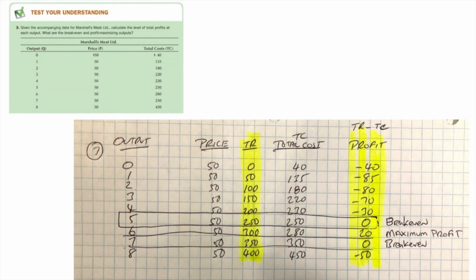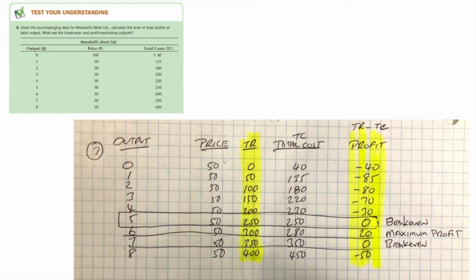We can't influence that. And our total cost. So really all we've got that's varying is our output and our costs. So let's look at our costs. In the first instance, our price is 50, our cost is 40. Total revenue is a combination of the price times the output.